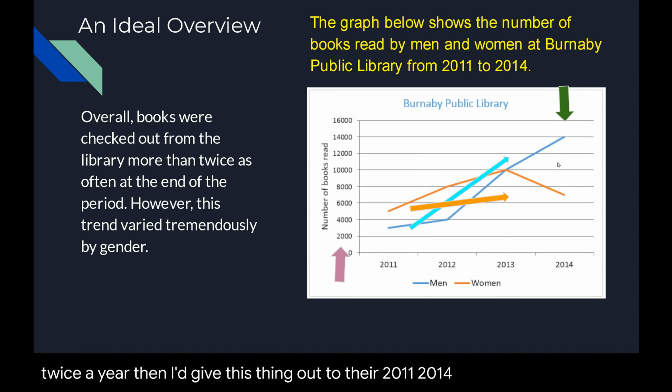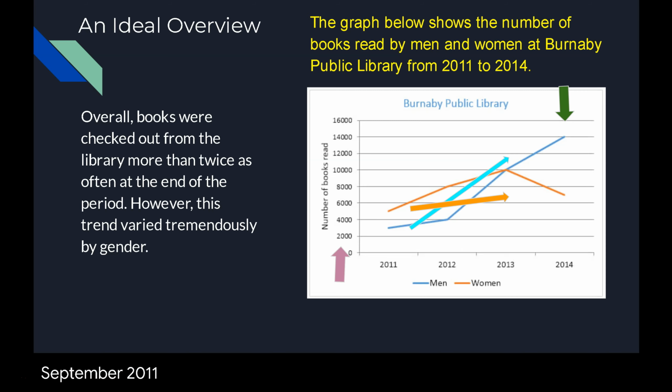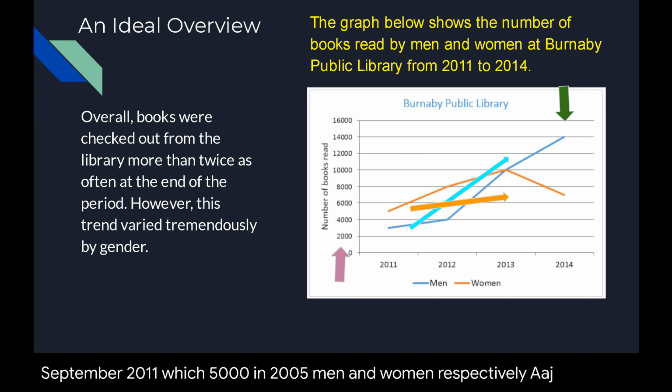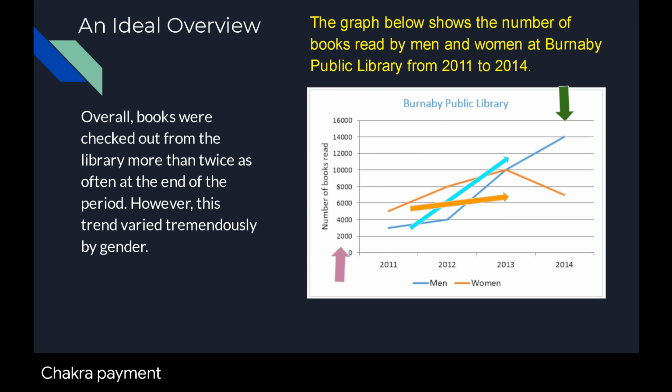I would start with 8,000 were checked out in 2011, with 5,000 and 3,000 by men and women respectively. Whereas, by comparison, in 2014, over 20,000 books were checked out. However, nearly 3/4 of them, 2/3 of them actually is what you'd say, were checked out by men.